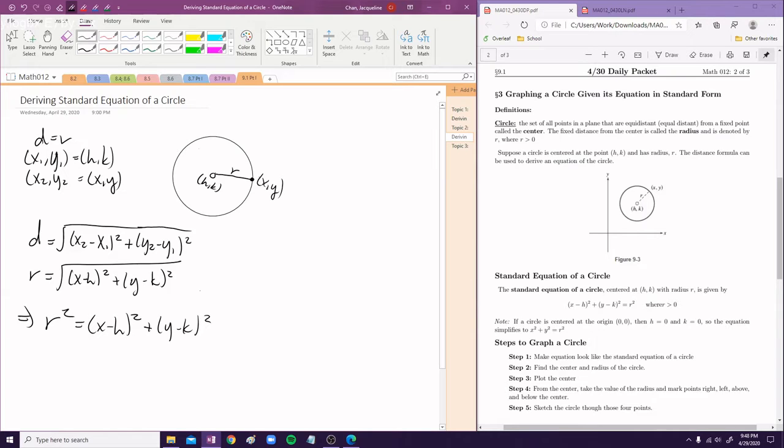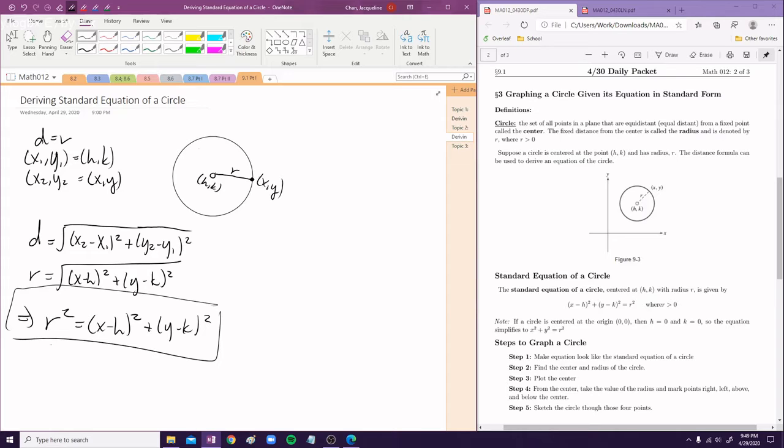And this is the standard equation of a circle. To be more formal, a circle centered at (h, k) with radius r is given by (x minus h) quantity squared plus (y minus k) quantity squared equals r squared, where r is positive.